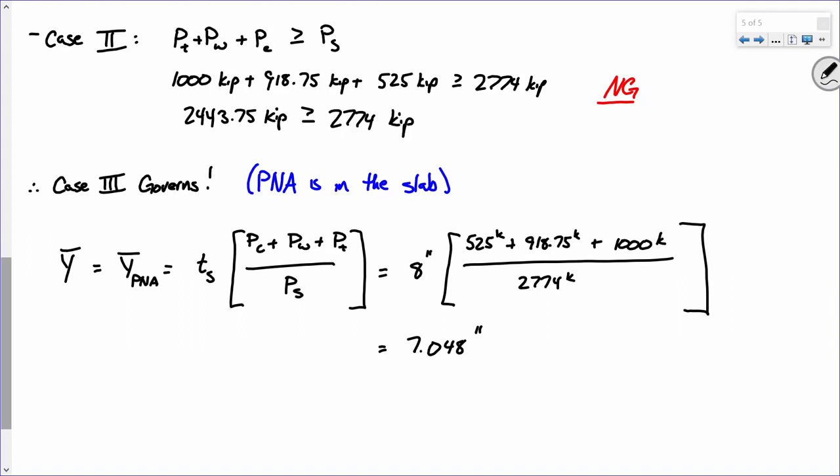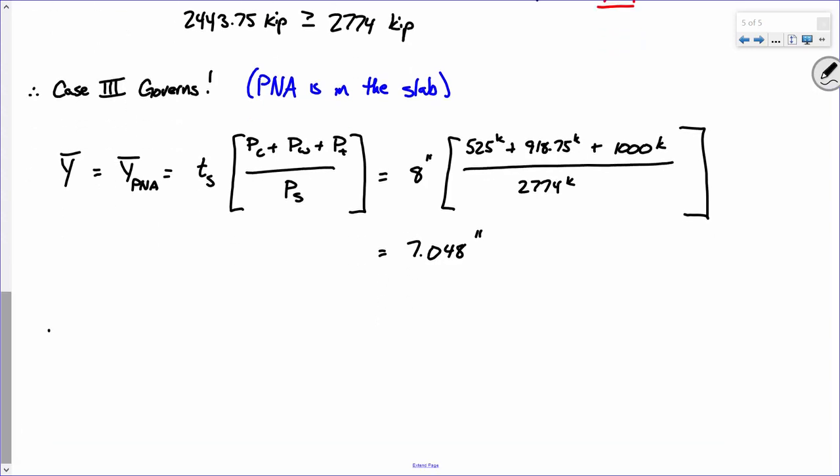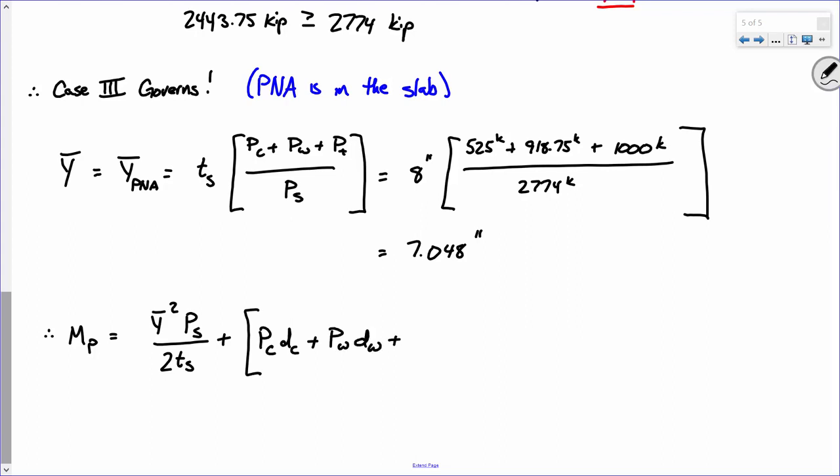Now that is Y bar, okay? Now, I propose to you that the formula for MP is as follows: Y bar squared PS over 2TS plus PC DC plus PW DW plus PT DT.